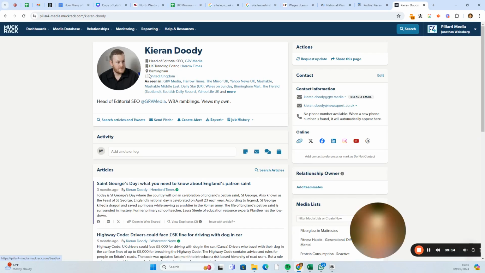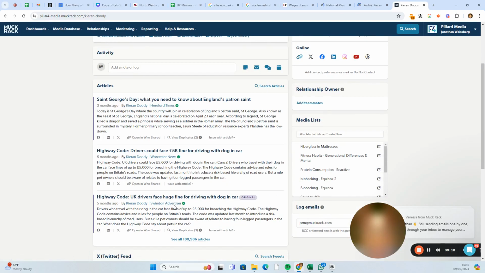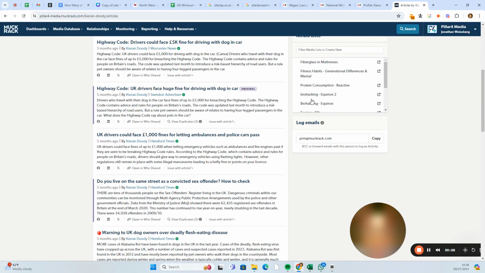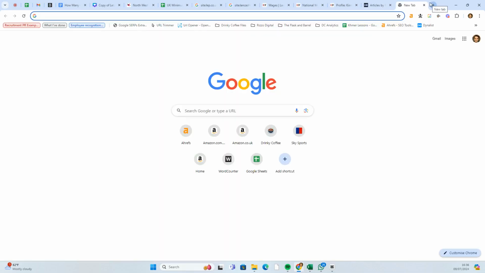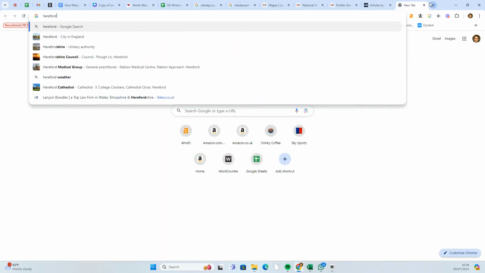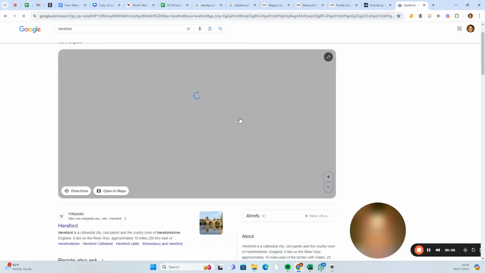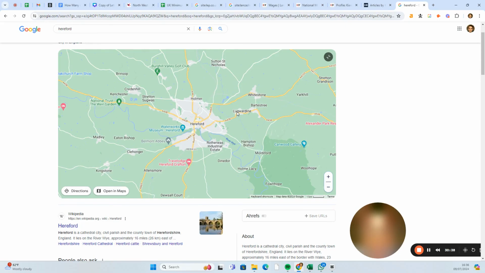Head of editor at GRV Media, so Hereford Times, Worcester News, Swindon Advertiser. So what I would do here is I would just look at who is the most. So it's Hereford Times that is the main thing he does. I don't even really know where Hereford is, but he would be a good person to email if we can work out where Hereford is.